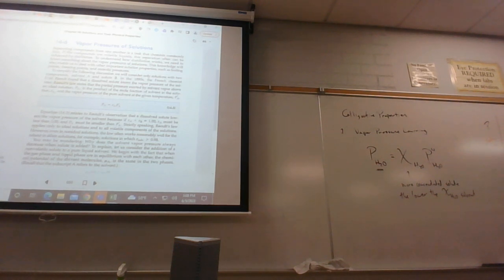However, if we have a solution, then the melting point gets shifted. And the shift is going to result in a melting point depression. The melting point depression is going to be given by delta T sub MP, or delta T sub M. And this is just going to equal a constant times the molality of the solute.